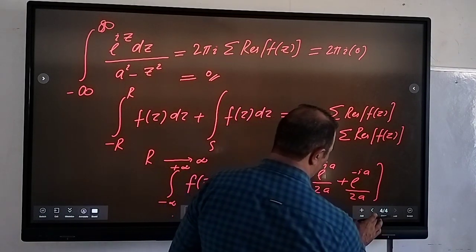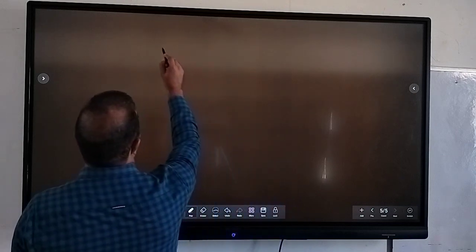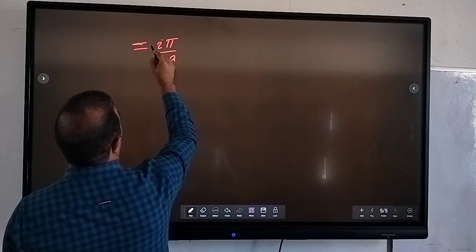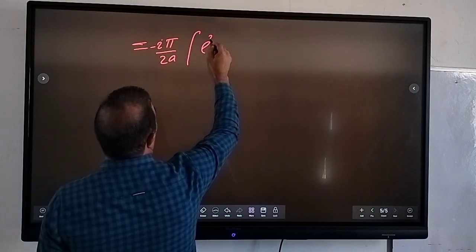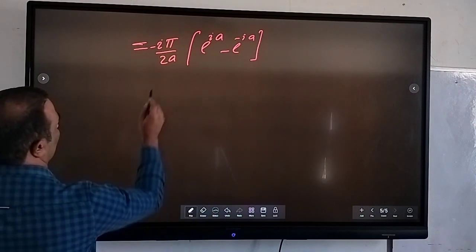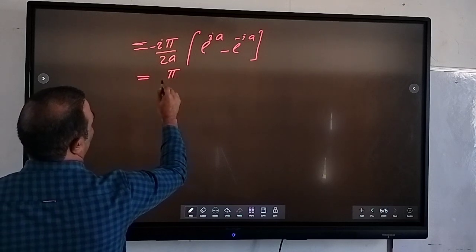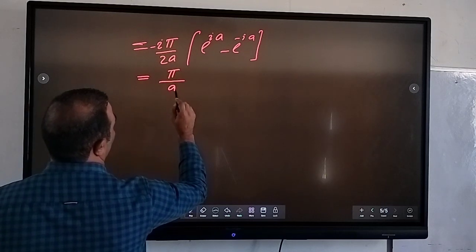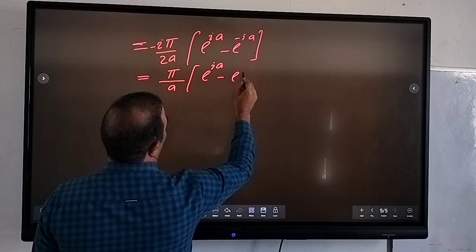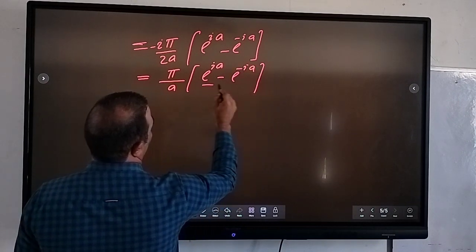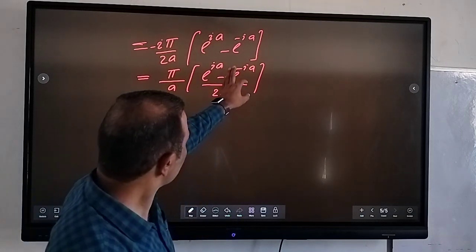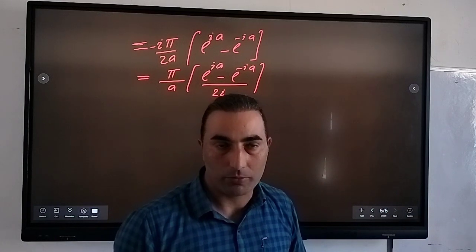So this will be equal to... right? Because I can write that minus iota when I put it in the denominator will be plus, right?